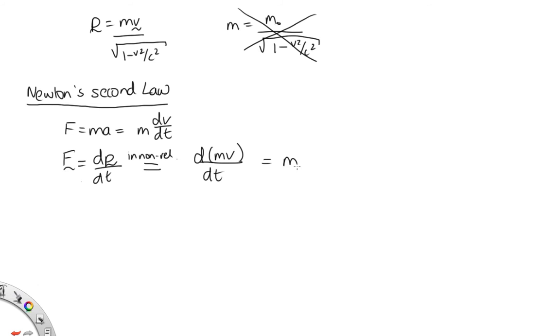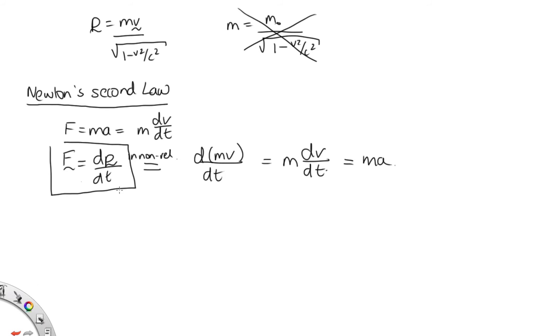So we can pull mass out the front of this derivative as a constant. So this is m dv dt. And this is indeed equal to ma. So that agrees with our non-relativistic definition. So if we define force from now on as dp dt, then it agrees with everything we've done in relativity.